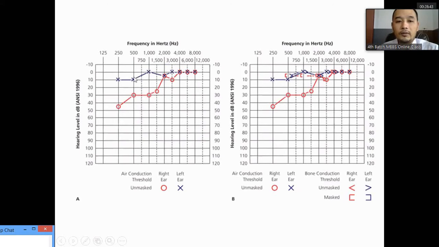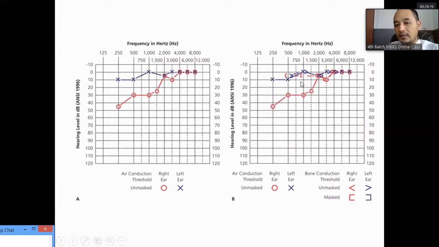Now here, testing of both ears, the results are given in a single audiogram. So you should not confuse. This is the unmasked air conduction of the right ear. This is low frequency loss. And here this is the left ear conduction. The left ear is normal. Here the bone conduction of the right ear is normal, but the air conduction of the right ear is abnormal.